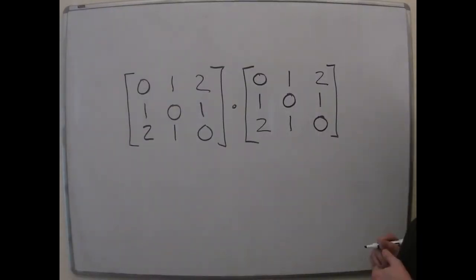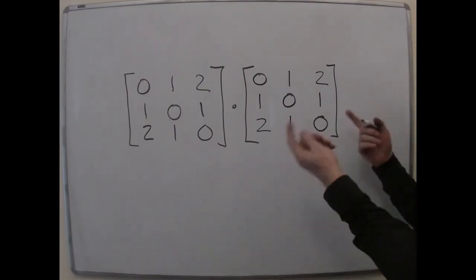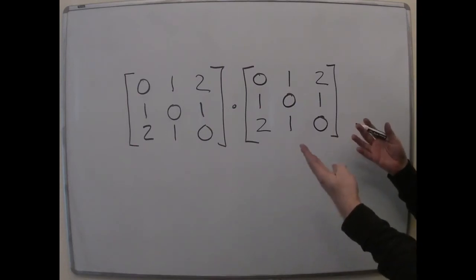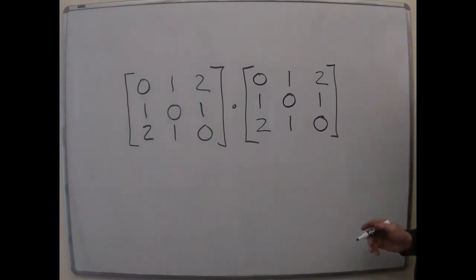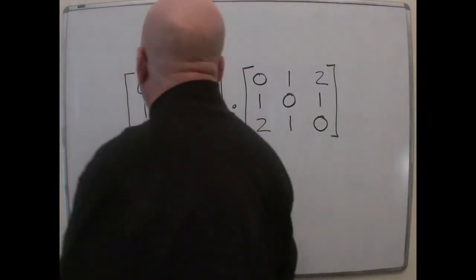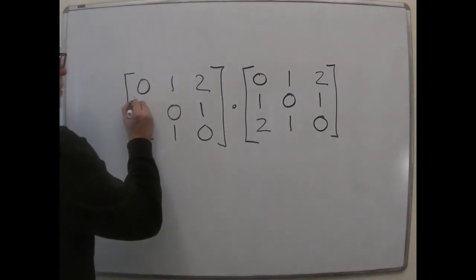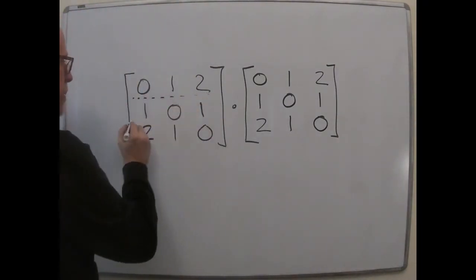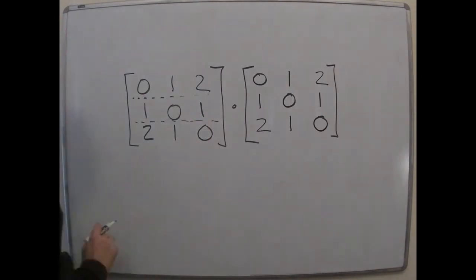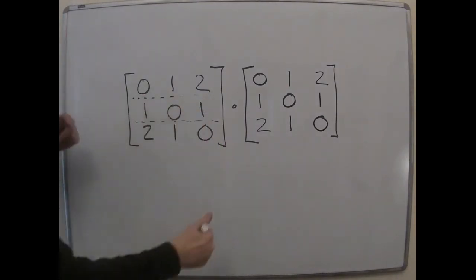All right, so I've written a couple of 3x3 matrices, and I want to talk about thinking about this product as a collection of dot products we're actually doing. So what you want to do is think about putting little dividing lines into this first matrix so that it's broken up into 3 rows.